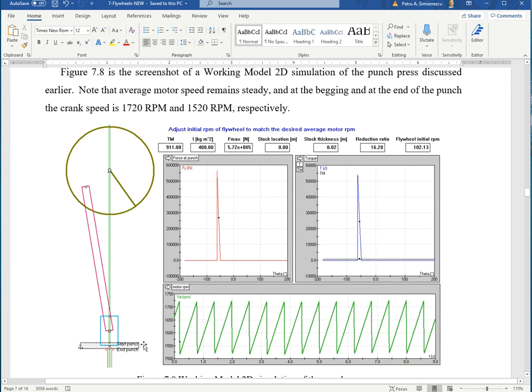I also have controls to adjust the thickness of the workpiece, though you don't need to do this. In calculations I'm taking the motor torque and adjusting it with the reduction ratio.